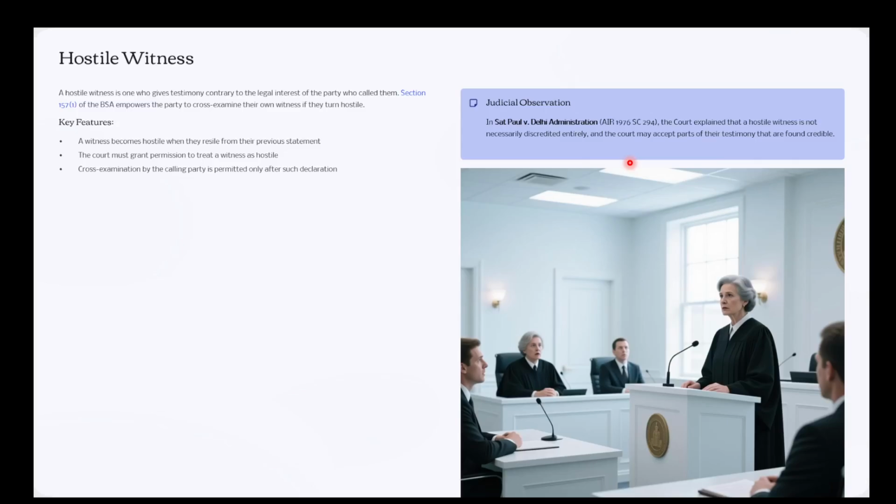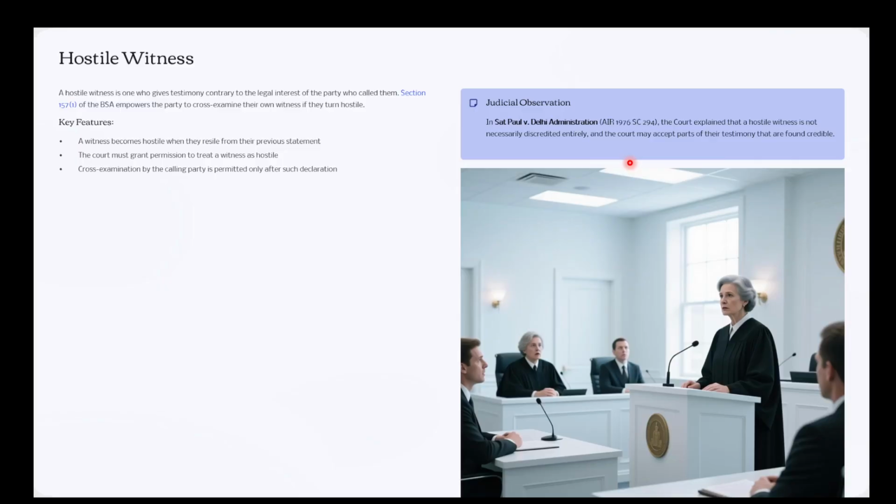Key features of a hostile witness: a witness becomes hostile when they resile from their previous statement. The court must grant permission to treat the witness as hostile.